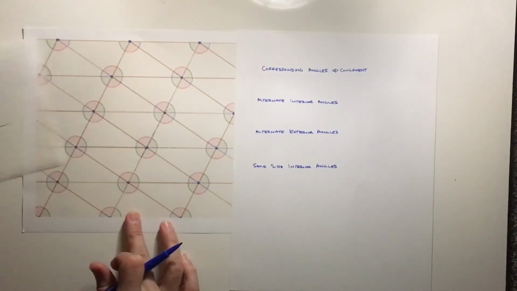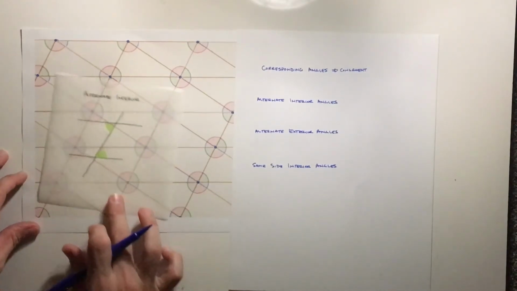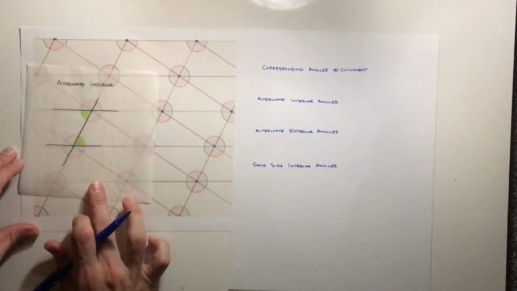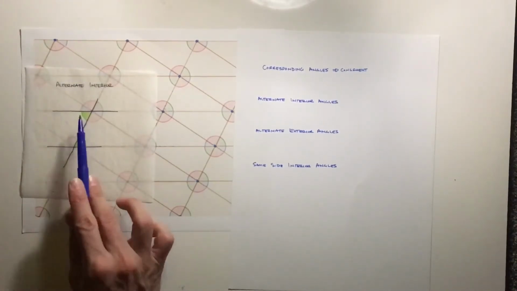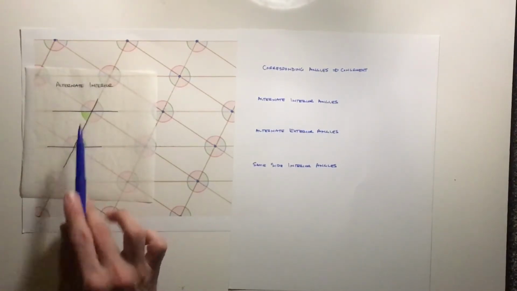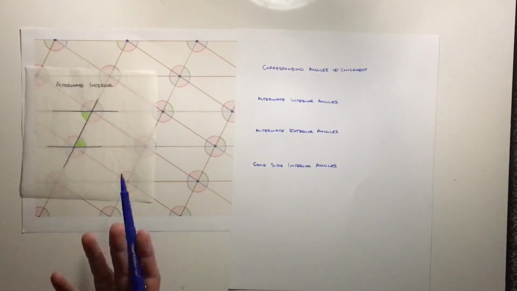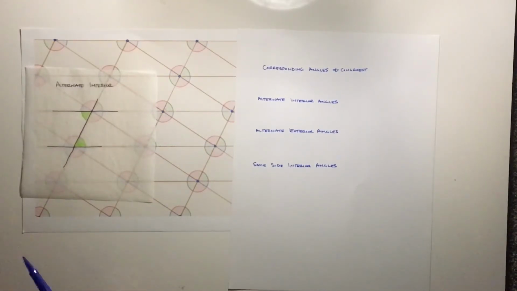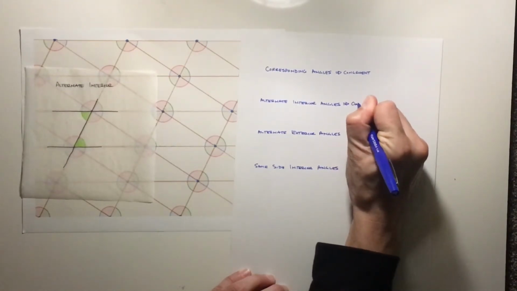In a similar vein, alternate interior angles: through a series of rotations and translations, we see that they are also an angle that is the same color. It is the same corner, the same angle of that triangle. A very easy visual proof as to why alternate interior angles are also congruent.